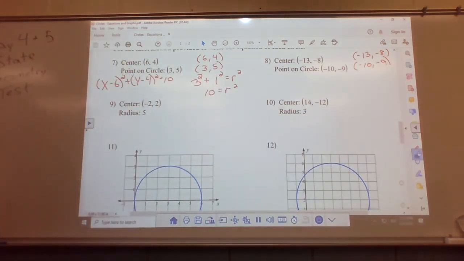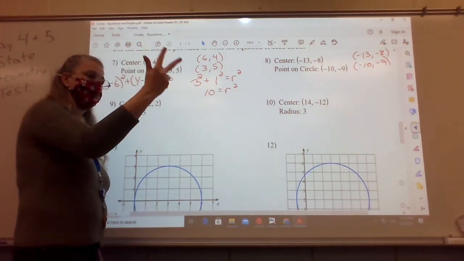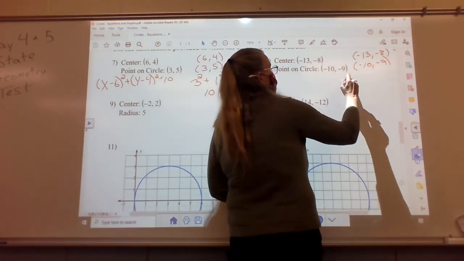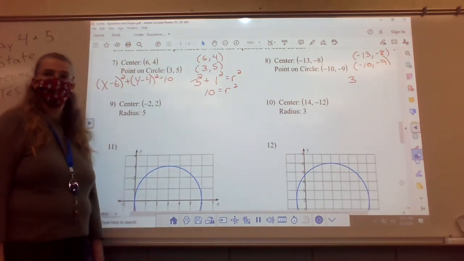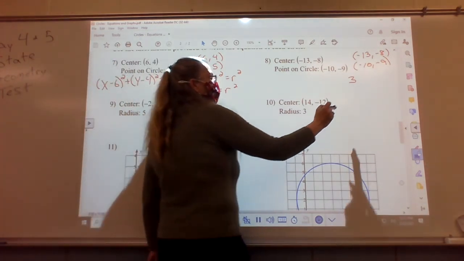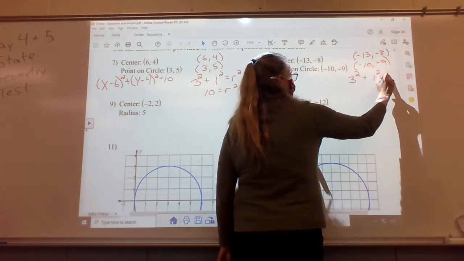So my x's are negative 13 and negative 10. How far apart is negative 13 and negative 10? 3. So they're 3 apart. If I'm negative 10, negative 11, negative 12, negative 13, that's 3. How far apart is negative 8 and negative 9? 1. Change it into the Pythagorean theorem.